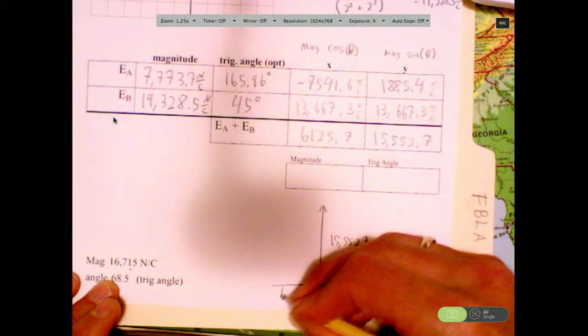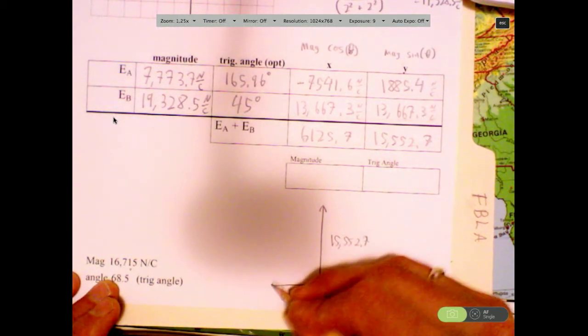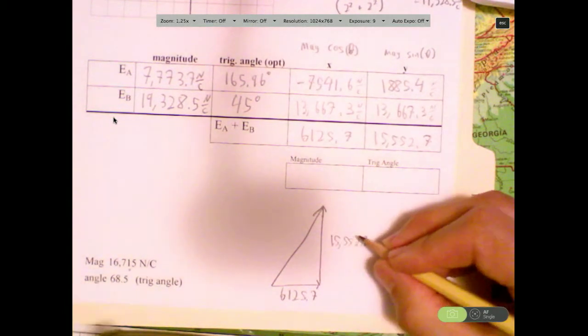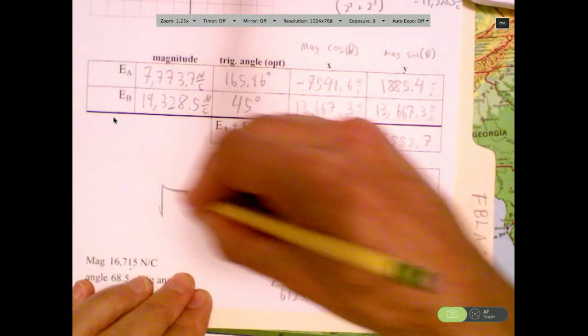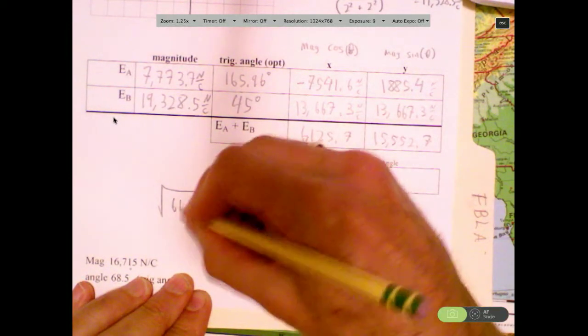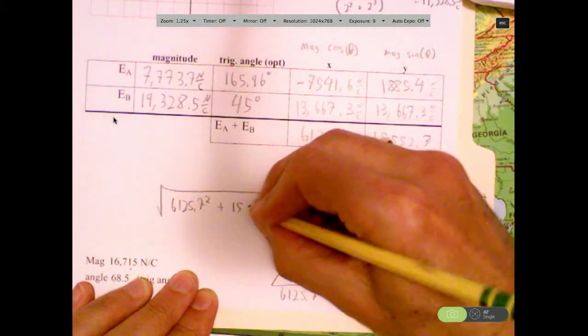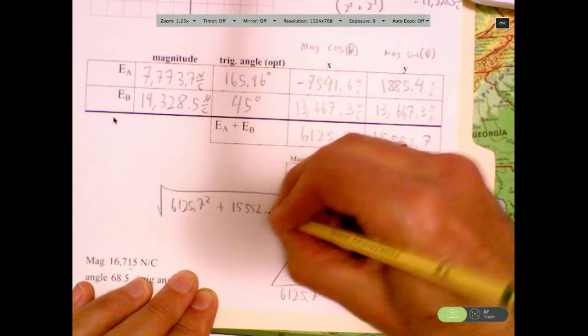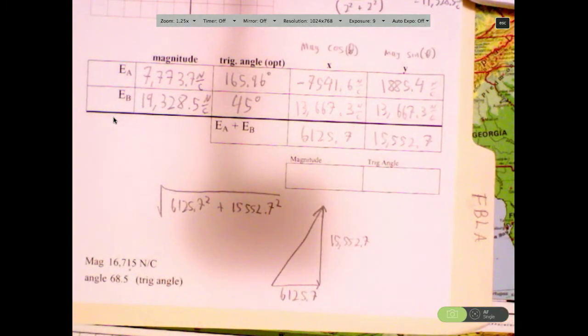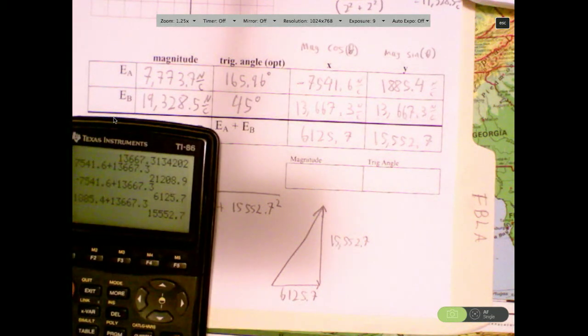And then this side is 6125.7, and this hypotenuse will be the square root of 6125.7 squared plus 15,552.7 squared.